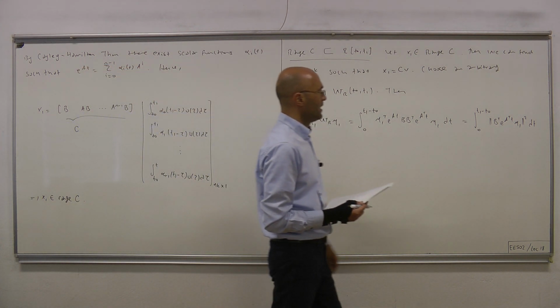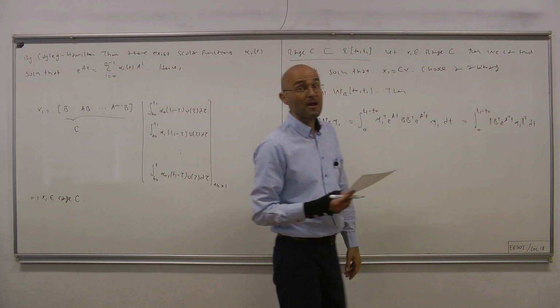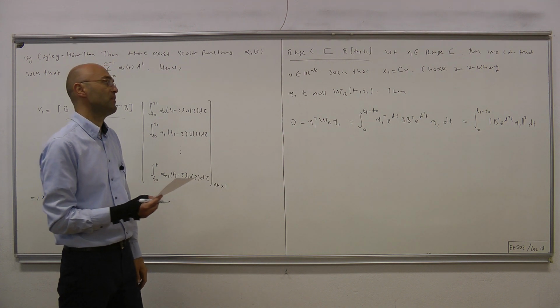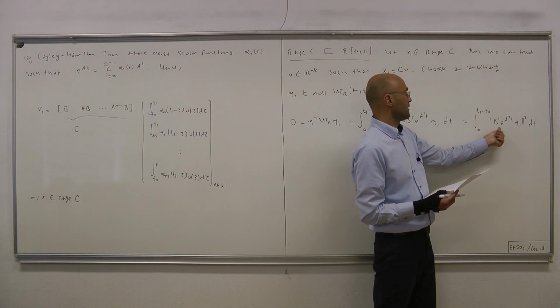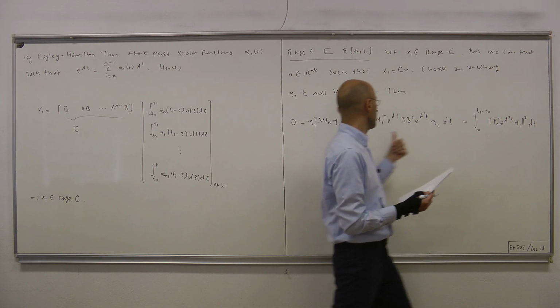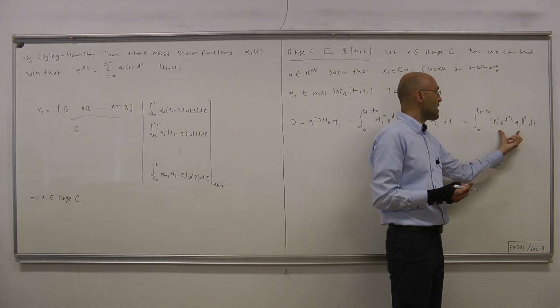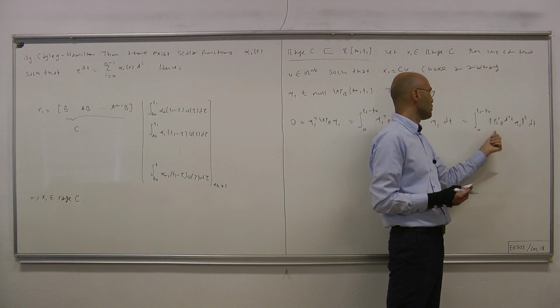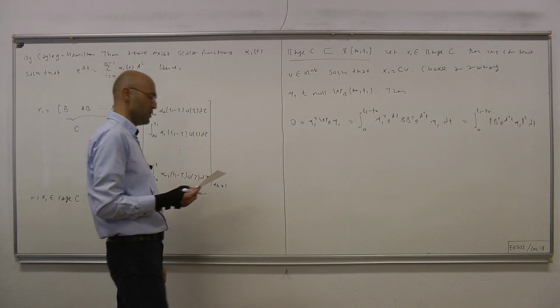Now this function is continuous and it's a norm square, therefore it's never negative. It's a non-negative continuous function, and we're integrating it and obtaining 0 as a result. So that's only possible if this thing is identically 0 throughout the interval of integration from t0 to t1.